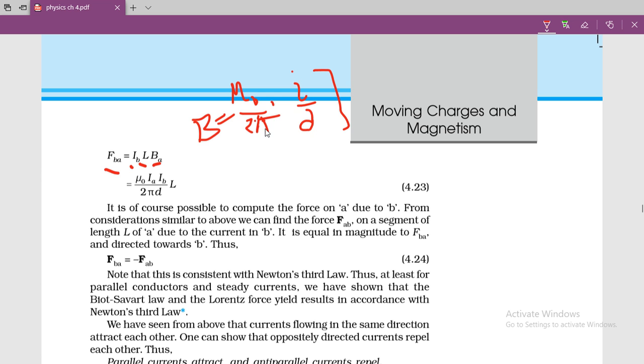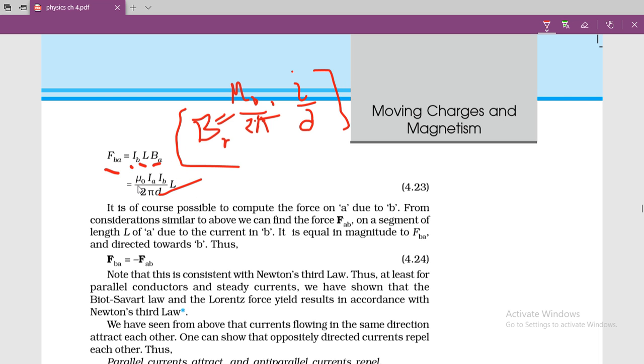This is the formula, or the value of the magnetic field BA. Now FBA is equal to mu naught upon 2 pi IA IB. After putting the value of BA, you will get this in the equation.